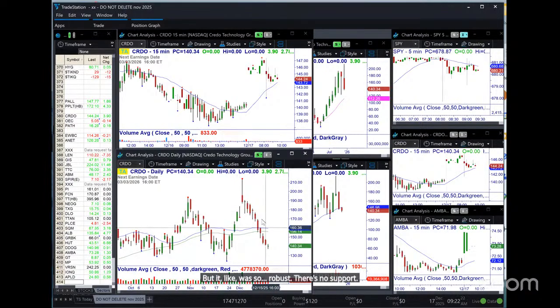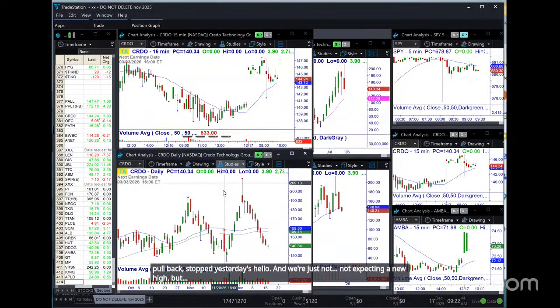So I actually was eyeing it to reverse right here at the 20 MA, didn't do it. Well, so what? It's gapping up here, so I like that for a 30-minute high trade or control pullback. It stopped at yesterday's low, and we're just not expecting a new high, but big deal. It's a good trade setup.